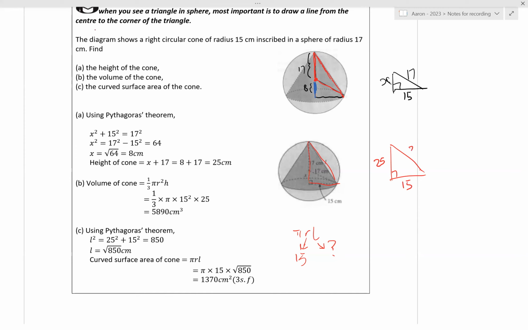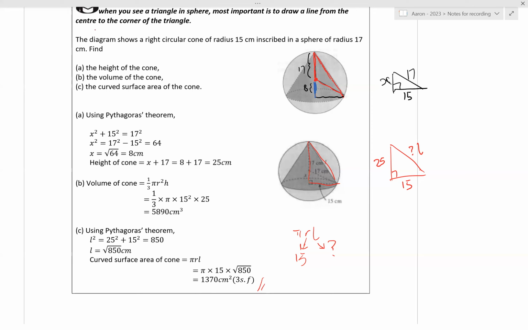This is what you want to find, which is L, your slant height. So work out using Pythagoras theorem what's your slant height. Same thing, because if you square root 850, you don't get a very nice number, it's a never-ending decimal, so I leave it as square root 850. Then I throw it directly into my formula, and then you work out your curved surface area and round off to 3 s.f.